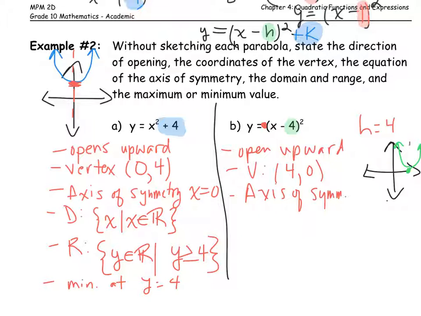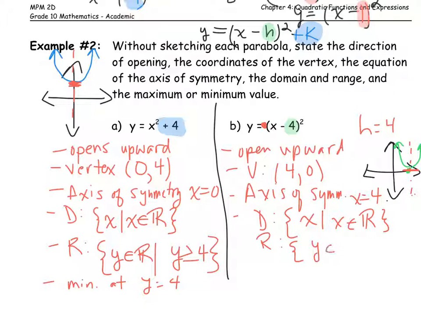Here it is, that's my mirror line, it's at x equals 4. And so my domain, my x values can be anything, so x is such that x belongs to the set of real numbers. And my range, this is telling me that y can't go below 0. So y belongs to the set of real numbers, but y has to still be greater than or equal to 0.